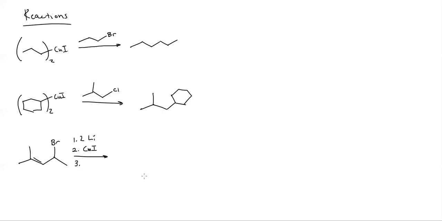And then as a very final step, I can add in some alkyl halide. So let's add in this alkyl halide here. This first step is going to replace the bromine with a lithium. The second step is going to turn this into a Gilman reagent, and then the third step is just SN2. All I do is replace the chlorine with my Gilman.